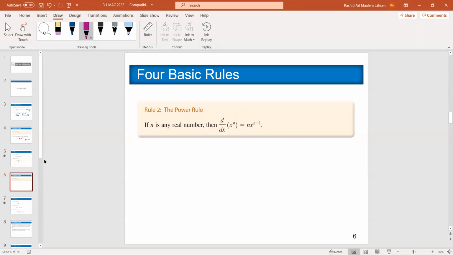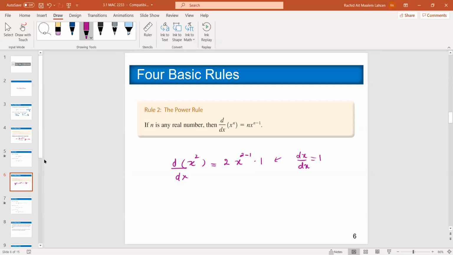The power rule, number 2. The power rule here is the derivative of, let's say, x squared, which is a parabola. If you take the derivative of this one with respect to x, you will use the power rule. It's 2 x to 2 minus 1. There is something we don't talk about right now, but it is 1. This one comes from the derivative of x with respect to x.